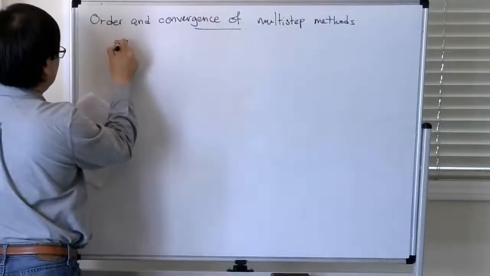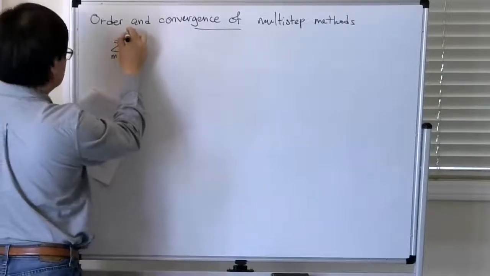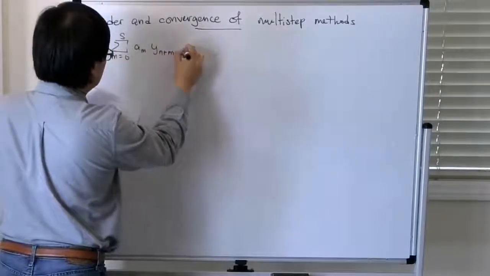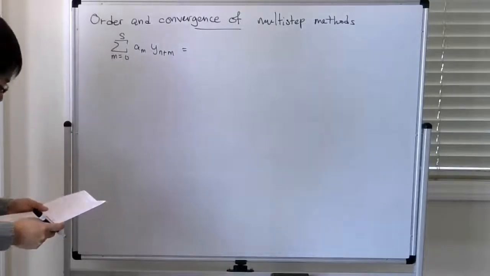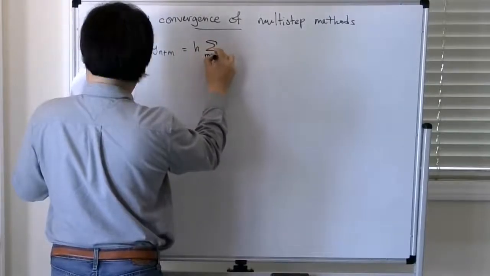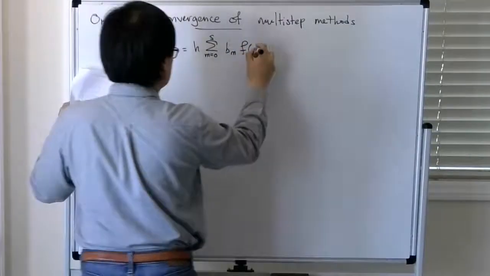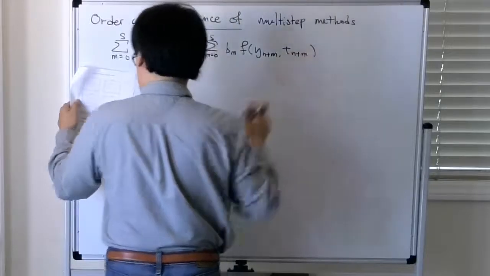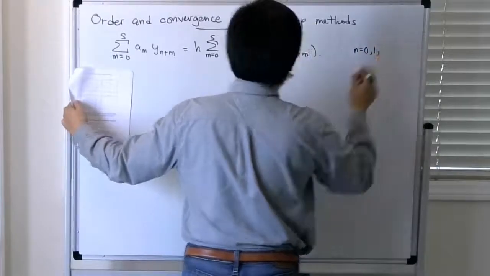So there's some linear combination of the solutions, and then on the right hand side is some weighted linear combination of the corresponding vector field values. Okay, and then n is going to go from 0 onwards.